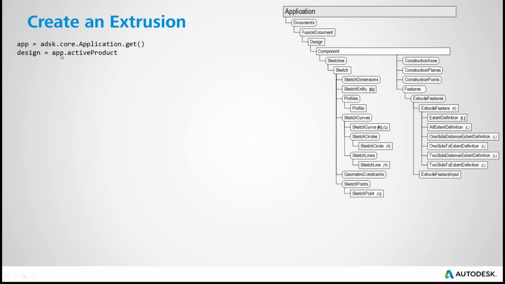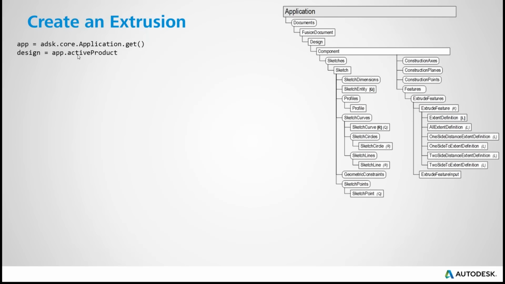Next, on the application object, I'm calling a property that it supports called active product. With Fusion, documents are divided up into pieces internally. It has a piece where all of the design data is stored. When you're modeling with Fusion, sketches, the model, everything is stored in this design clump. If you had CAM data, it's stored in its own clump.